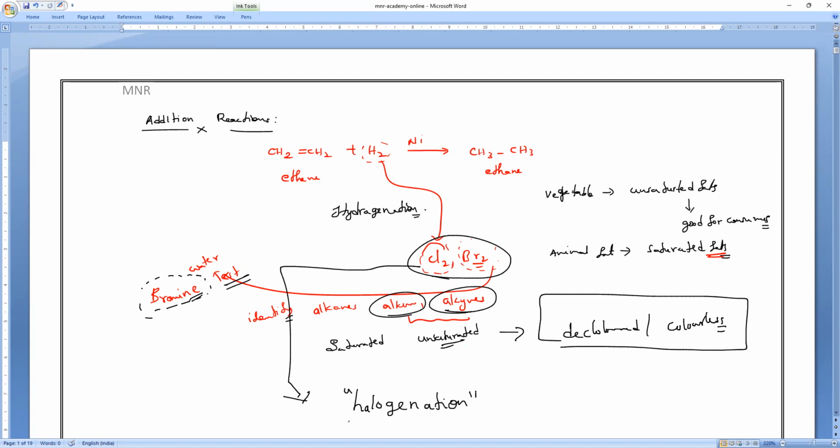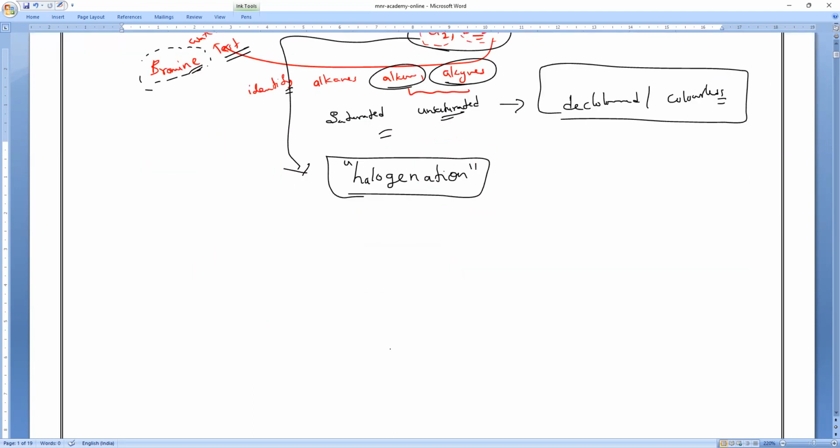Halogenation means addition of halogens to the unsaturated hydrocarbons. So, for example, if I add bromine, Br2, to the unsaturated hydrocarbon, write that equation.